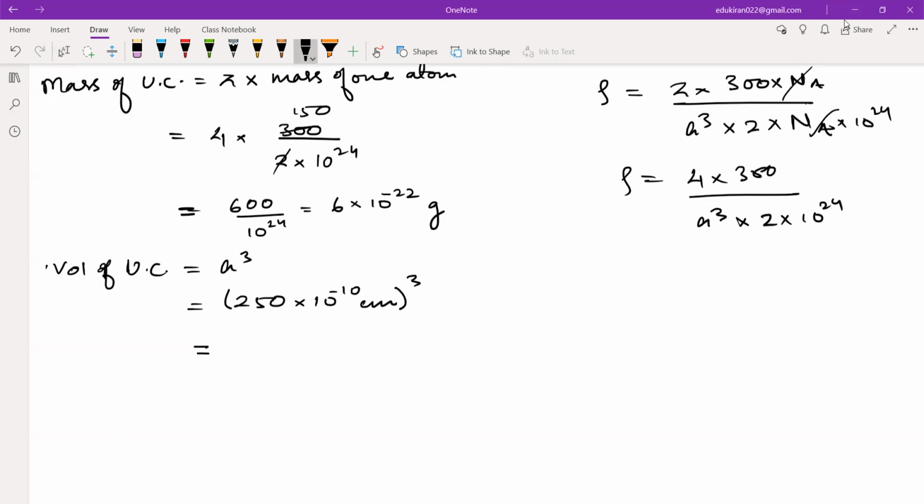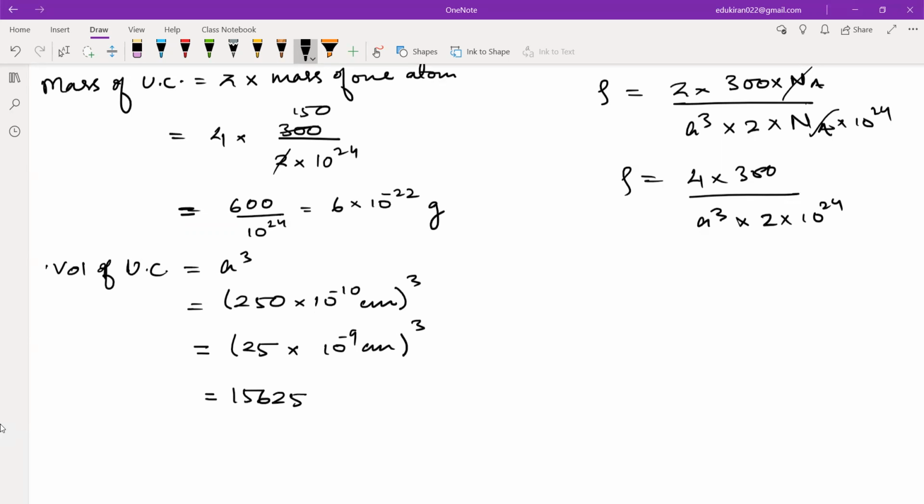Why did you get confused? How big did the number get? It can also be small. We can write it as 25 into 10 to the power minus 9 centimeter. Can we write it like this? Yes, sir. And now 25 cube will be a small number. What is 25 cube then? 15,625. See, it is easy.